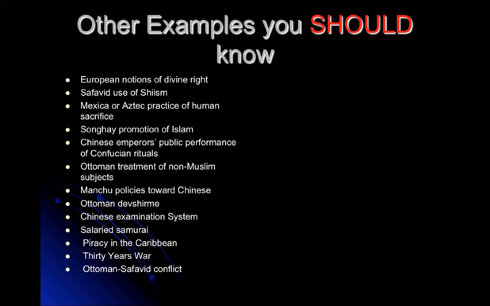Piracy, a topic that I love that we don't really talk about because it's more in the age of exploration, which you did not have me for, but lots of piracy in the Caribbean. This is the golden age of piracy. This is why the movies are made, Pirates of the Caribbean. This is a real thing that's happening. So look into the accounts of pirates, and who were the pirates?